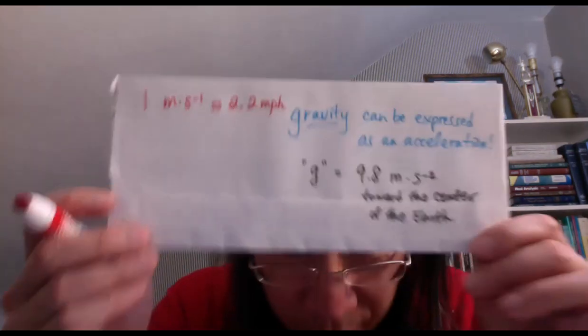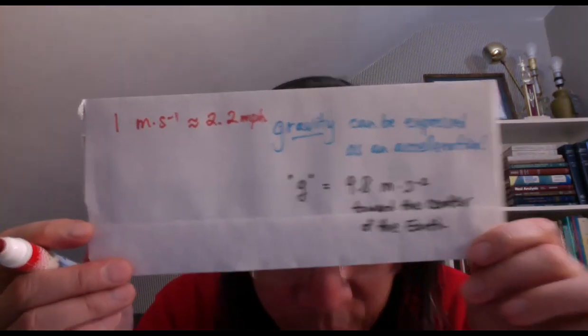But it's 1 meter per second equals about 2.2 miles per hour, like that. Okay, 1 meter per second is about 2.2 miles per hour. And if I say it's about 2, I'm off by about 10%, that gives you an idea how fast I'm going.